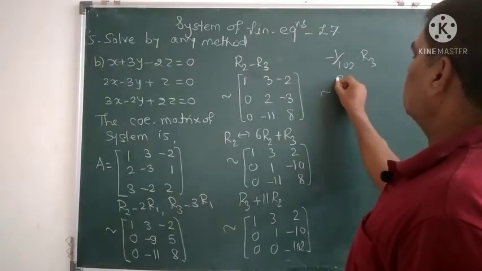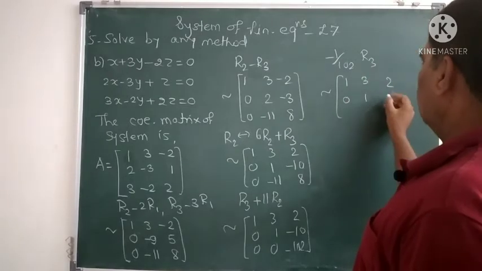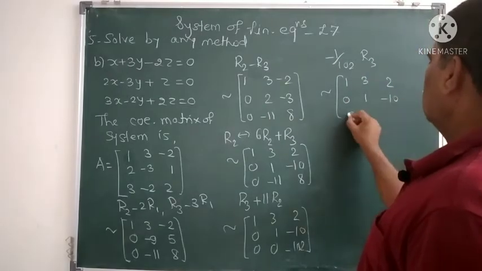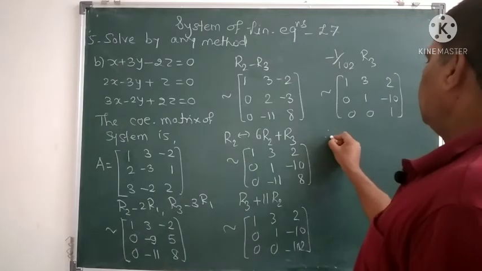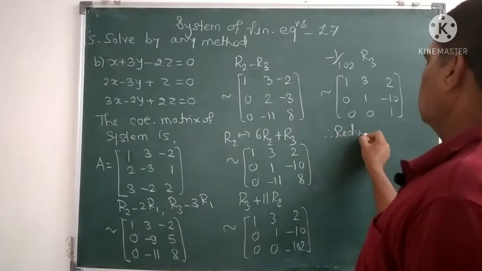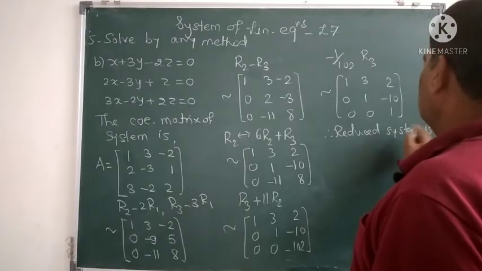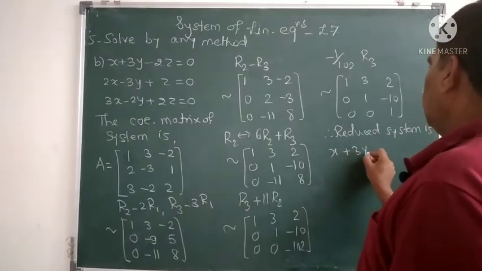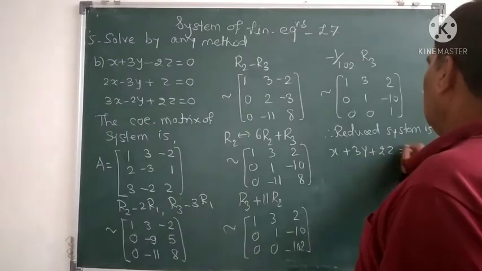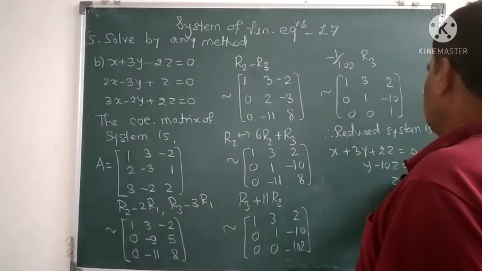This gives us 1, 3, 2, 0, 1, minus 10, 0, 0, 1. So therefore the reduced system is x plus 3y plus 2z is 0, y minus 10z is 0, and z is 0.